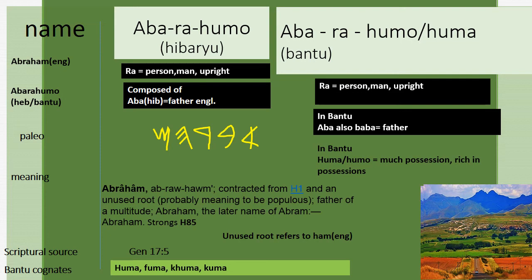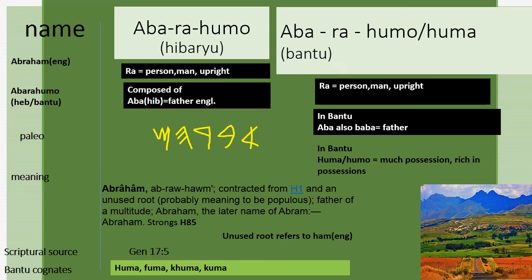Now what God was saying to Abram in English, Abarumo in Hebrew, the Ru in Rumo, meaning upright, and mo meaning continuously attaching to oneself. So Abram in English is actually Abarumo in Hebrew, meaning the father who is upright continually.